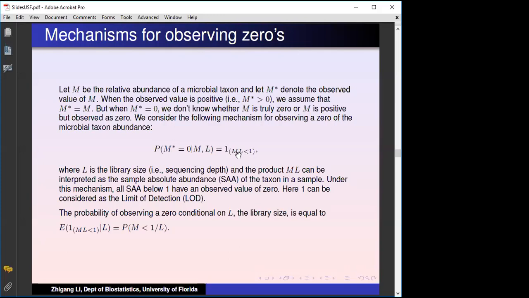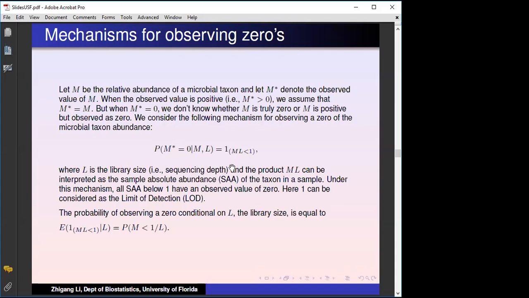So it depends on the product of m times L, which is essentially the library size here. If your library size is too small, of course, you'll be observing a lot of zeros, right? If your library size is large enough, you will be less likely to observe 0.